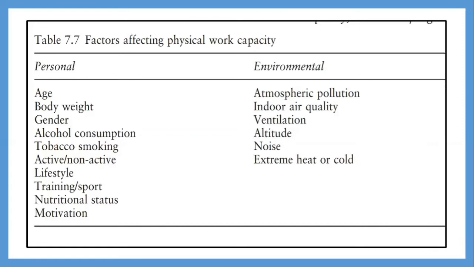And for gender, this is considered one of the factors affecting physical work capacity because most of the difference in work capacity is really due to differences in body size. In general, remember, women do appear to have lower upper body strength, controlling for body size.